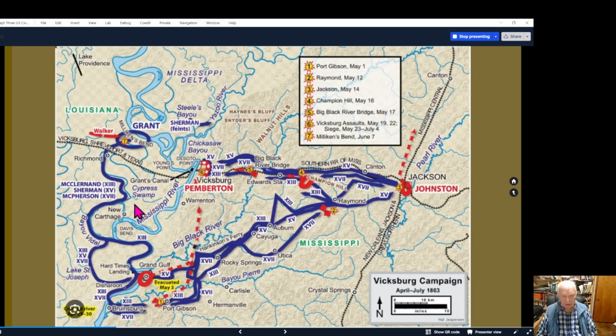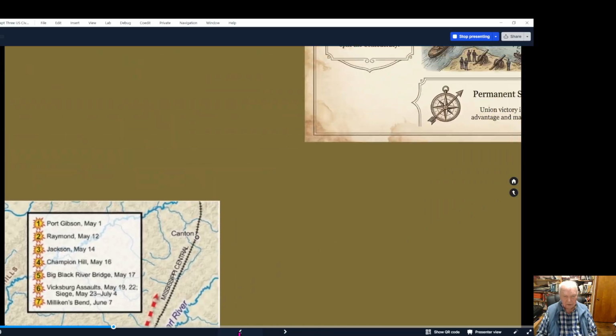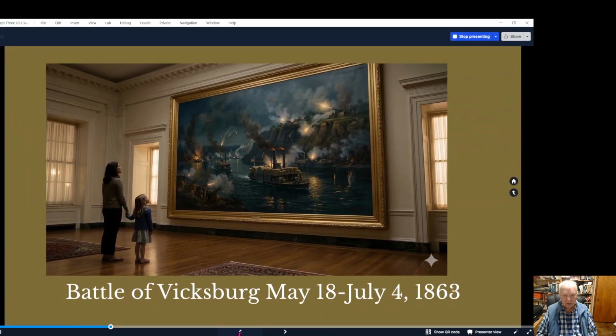Now, the other part of that that is so incredibly important is what he does, and it's shown in this picture here. Farragut is the admiral in charge of the Union Navy, and he is north with Grant, and he, in fact, is one of the major logistics trains of Grant, pulling the supplies from up north down here.